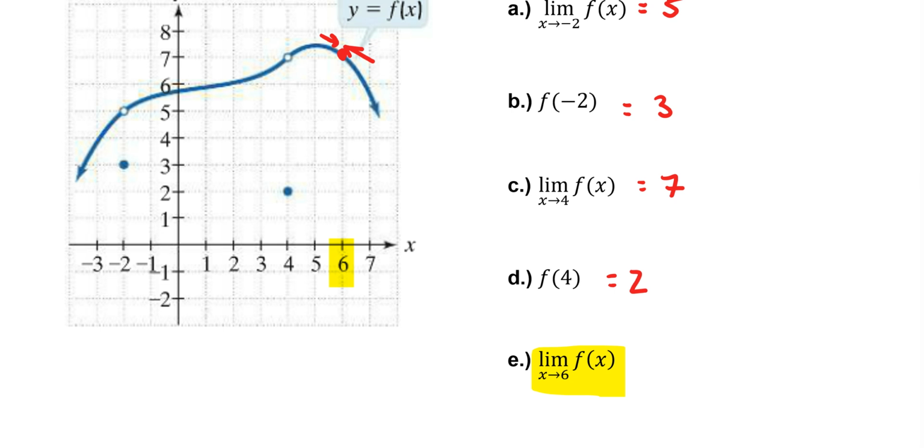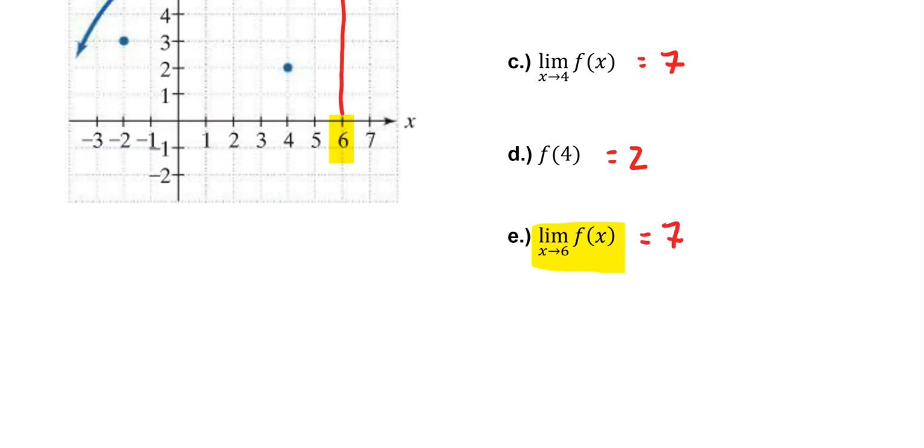That's approaching this y value right here, which is a y value of 7. So there doesn't have to be a hole when you're evaluating a limit. If it's just a nice continuous chunk of the curve, then the limit will actually equal the function value.